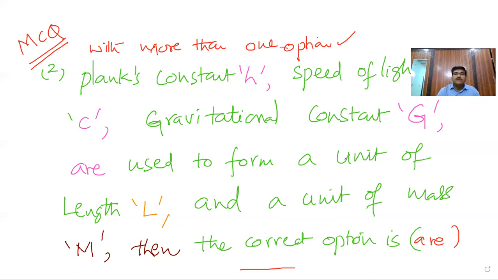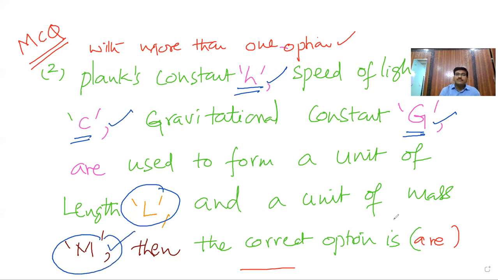Okay. Now observe the problem carefully. It says that Planck's constant h, speed of light c, gravitational constant G are forming a unit of length L. The first statement. The second statement is same h, c, G are also forming a unit of mass M. Clear? Now, he has given options here.